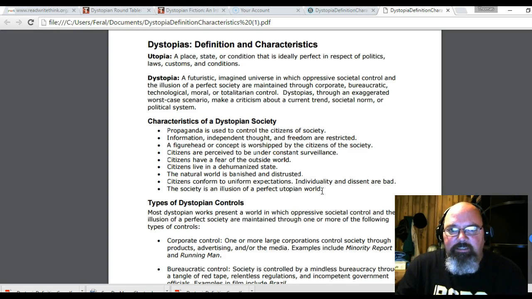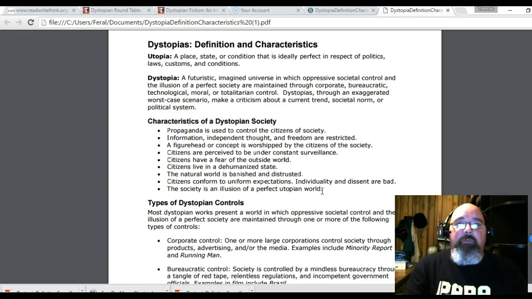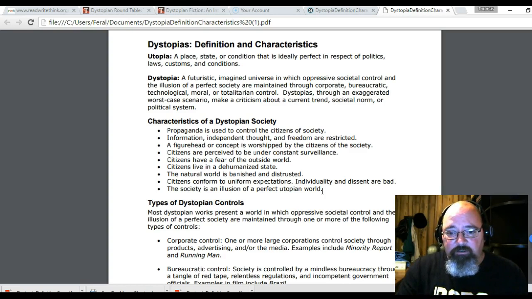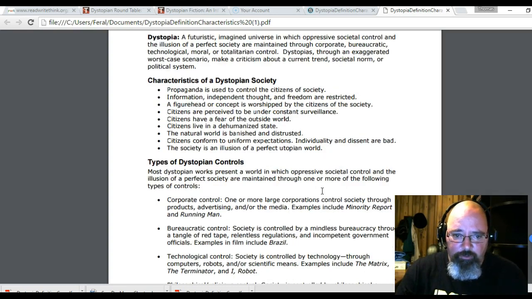Or we see this in Hunger Games, where all of the people of District 12 are coal miners, and they even talk about it with them coming in through the parade. That, well, what are we going to do with them? We're just going to dress them in gray because they're going to be coal miners, right? So we see that citizens conform to those uniform expectations. All right, and then society is an illusion of a utopian world.